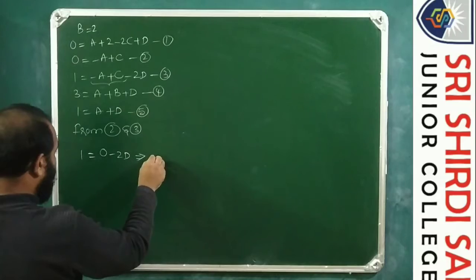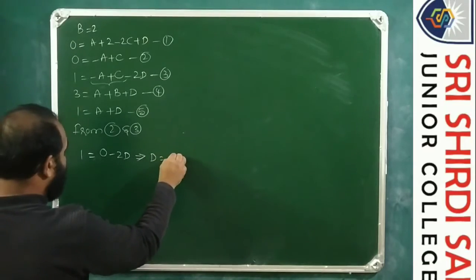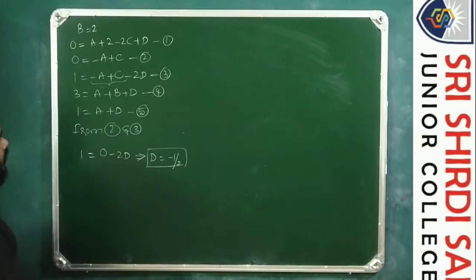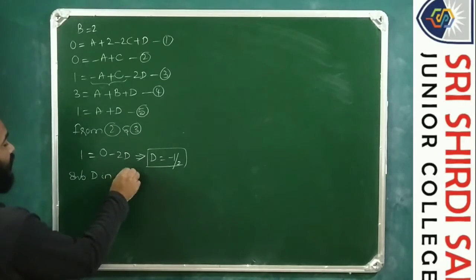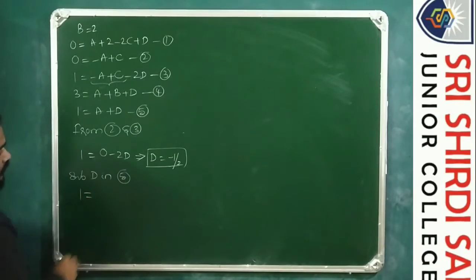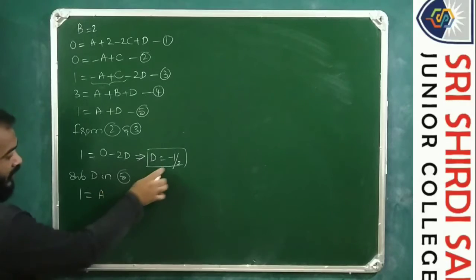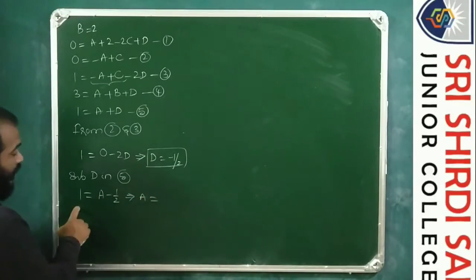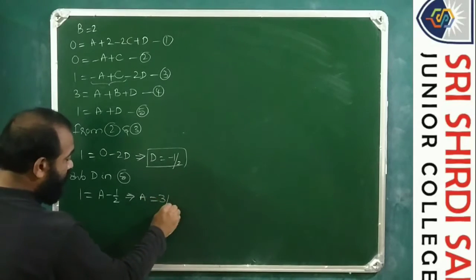From this, d is equal to minus 1 by 2. Now substituting d in the fifth equation, 1 is equal to a, and the d value is minus 1 by 2. So a is equal to 1 plus 1 by 2, which is 3 by 2.